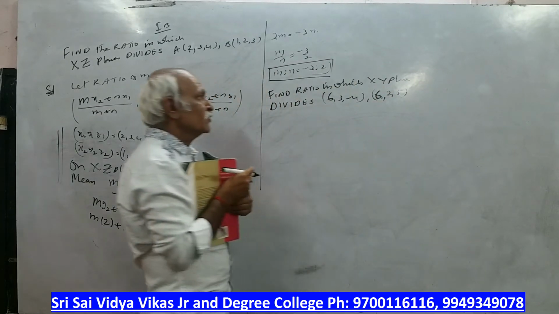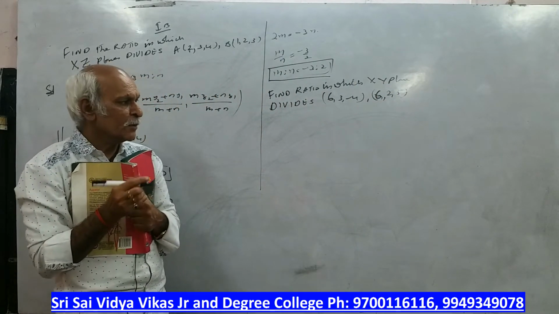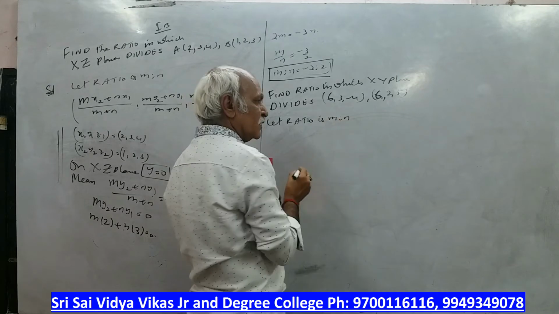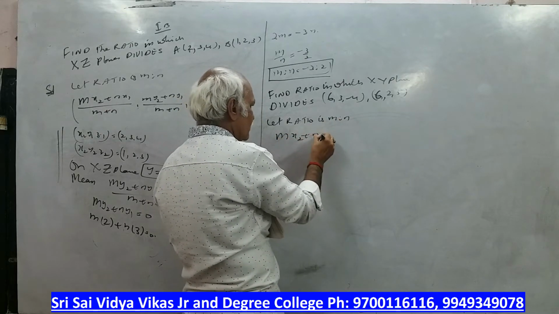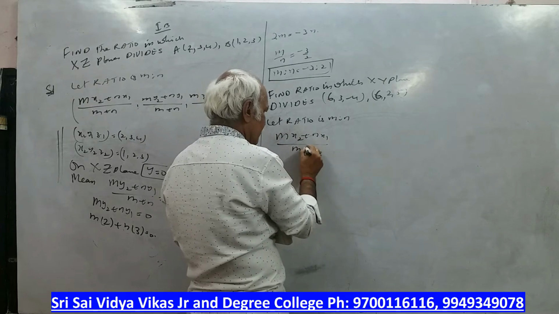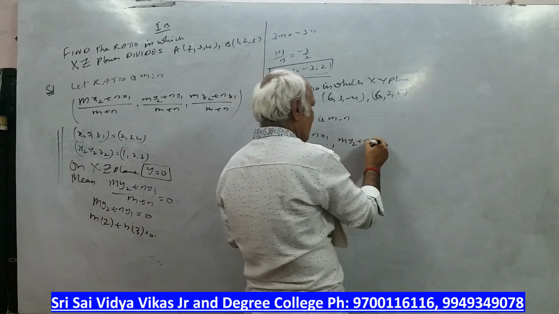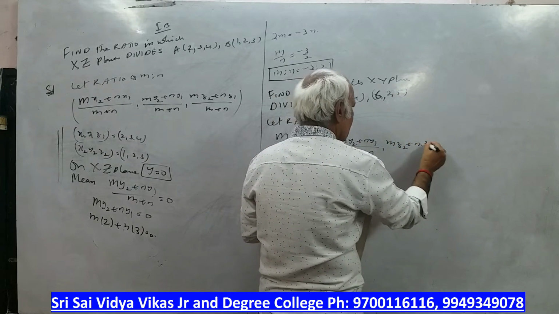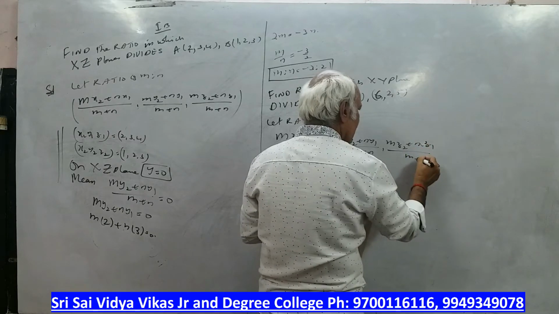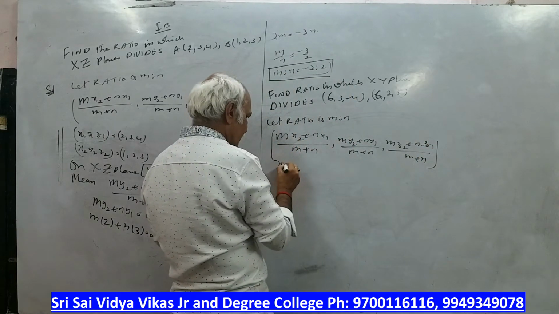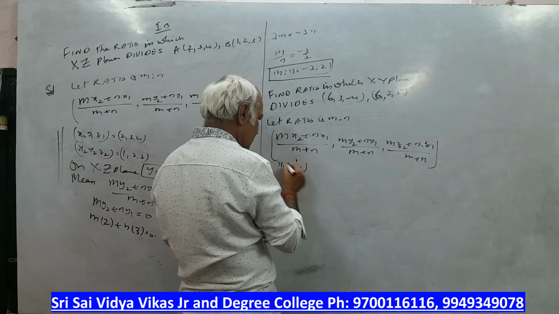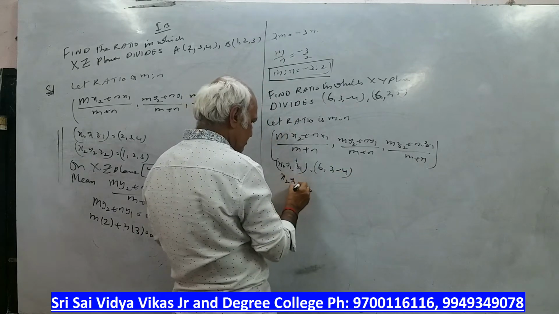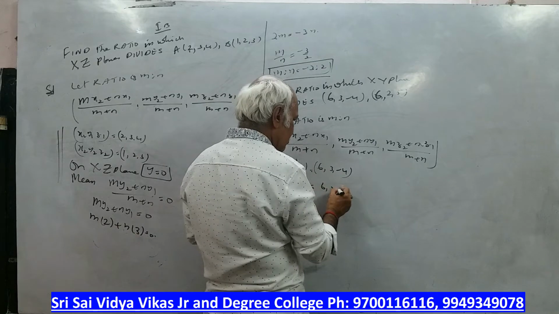Again, let the ratio be m is to n. Again, formula: (mx2 plus nx1) by (m plus n), (my2 plus ny1) by (m plus n), (mz2 plus nz1) by (m plus n). Here, x1, y1, z1 is 6, 3, minus 4. Next, x2, y2, z2 is 6, 2, 5.